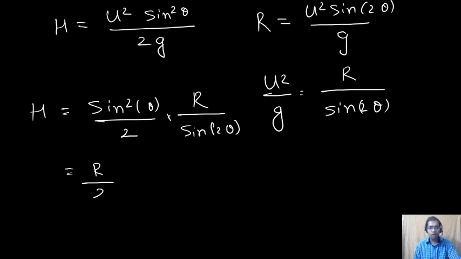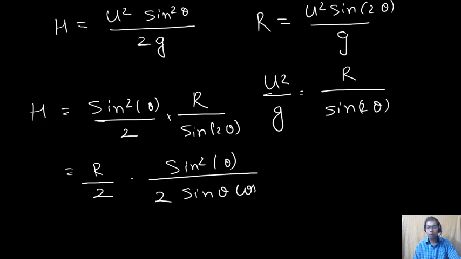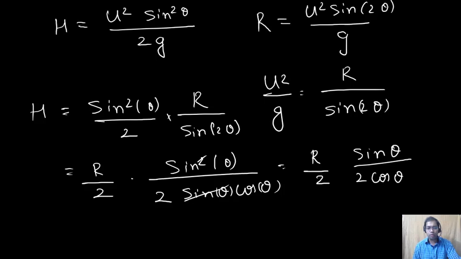So we can write this as r by 2 into sine square theta by sine 2 theta, and we know sine 2 theta is 2 sine theta cos theta. So one of the sines can get cancelled, and I will get r by 2 times sine theta by 2 cos theta. So h, I can write it as r by 4 times tan of the angle. So this is the relation between height and range.